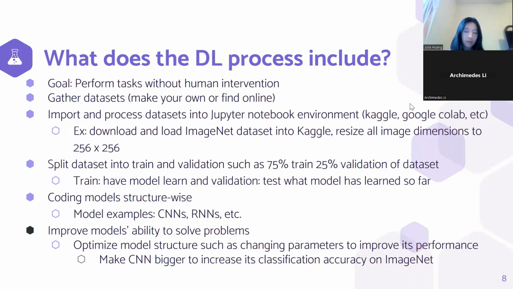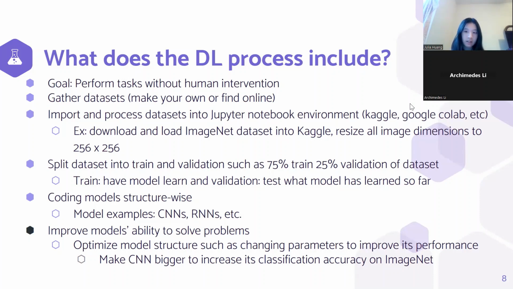One reason why we would resize them to all the same size is so it makes the model less confused, because we don't want the size of the images to affect the model's training, because the size of the image doesn't matter. What matters is what's in the image. So in order to make the model less confused and also streamline the process of making the model learn image data, we can resize the images to all the same size.